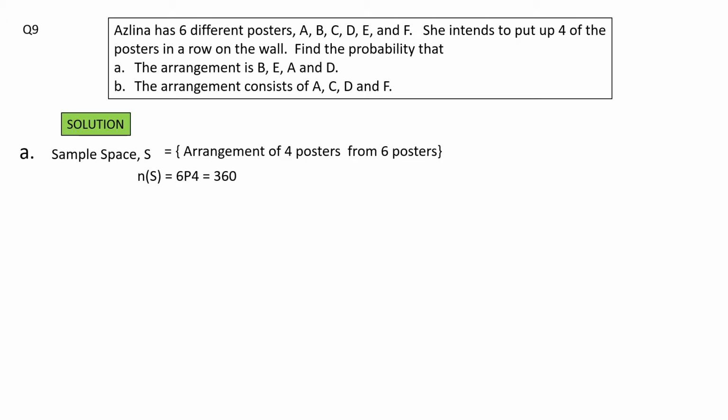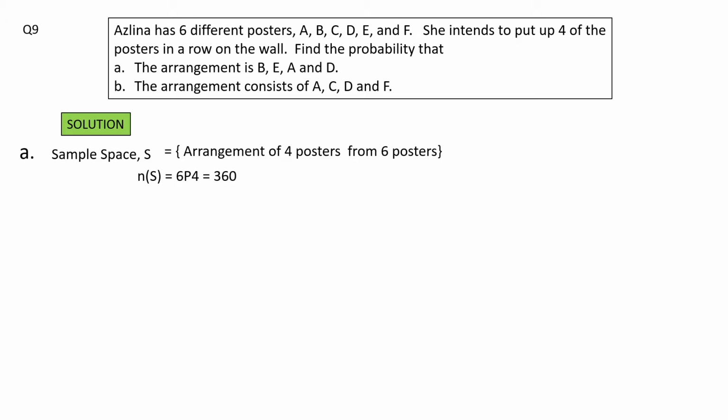Now here you have 6 posters, but Azlina is going to choose only 4 to arrange. So 6 arrange 4, or 6 permute 4, which equals 360 arrangements. So that is the number of the sample space.